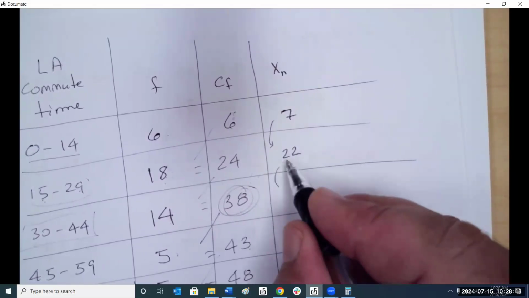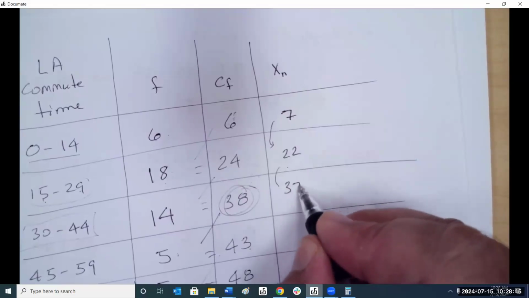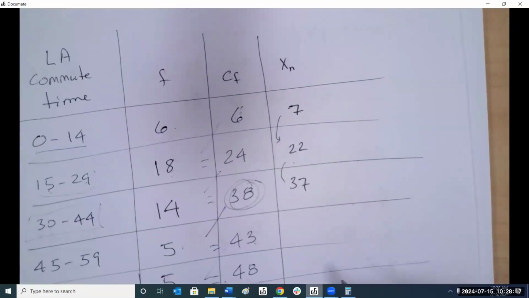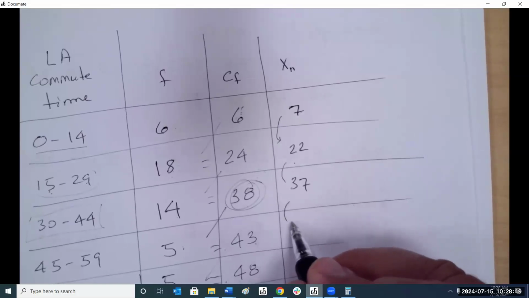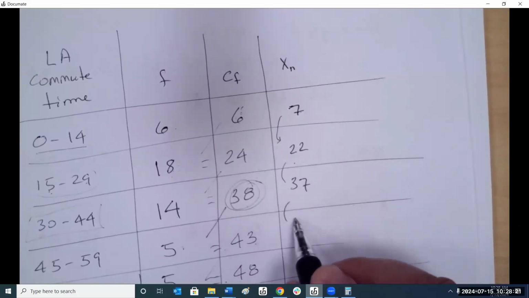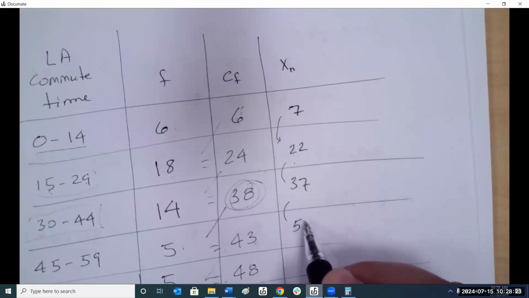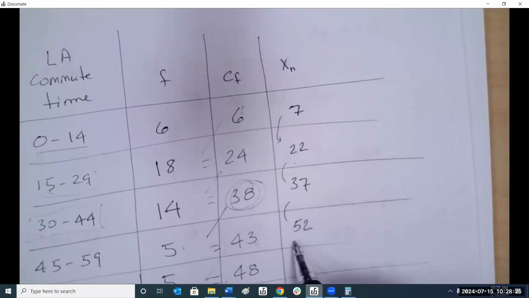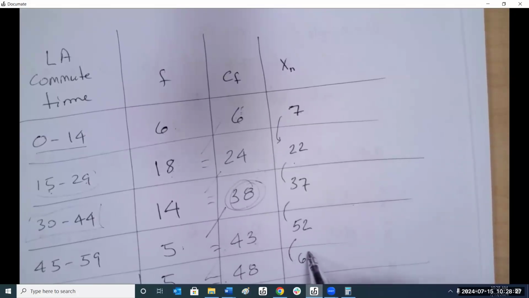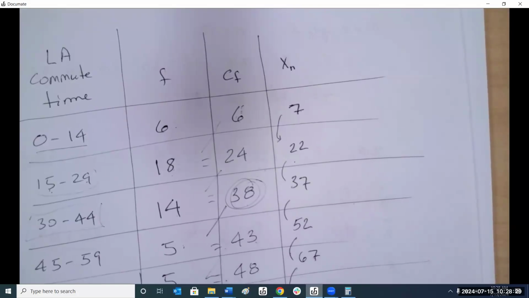22 plus 15 is 37. Add 15 again, we get 52. Add 15, we get 67. Add 15, we get 82.